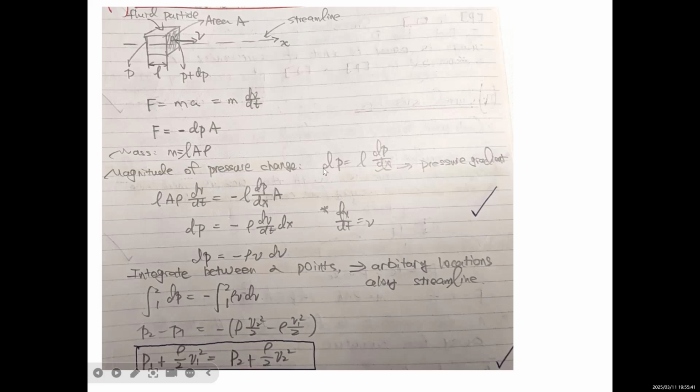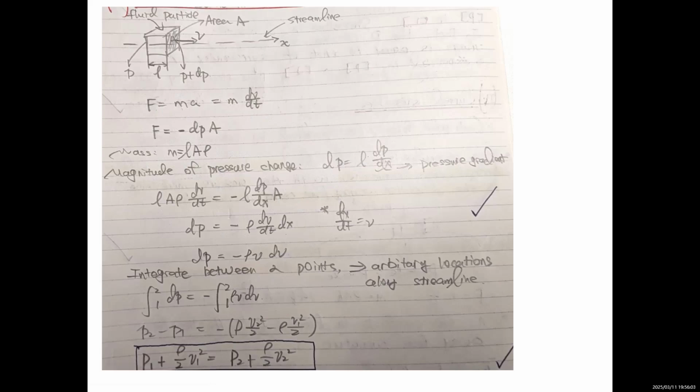Also, we have to know that dP, which is the change in pressure, is equal to the length times the pressure gradient. The pressure gradient is equal to dP over dx. So now you have this equation here, and when you simplify it, you get dP equal to minus rho v dv.